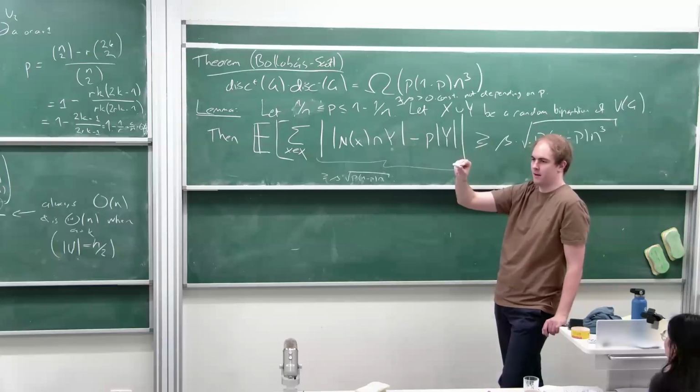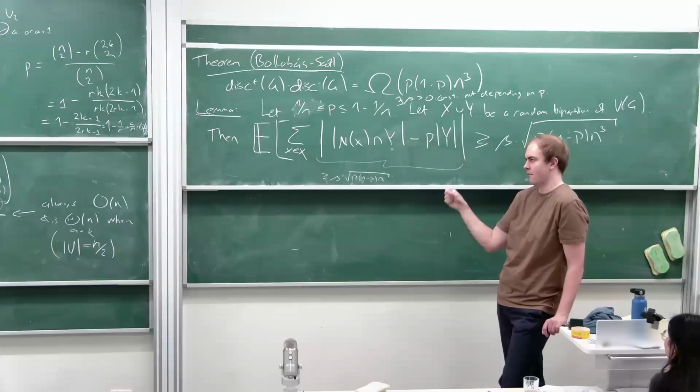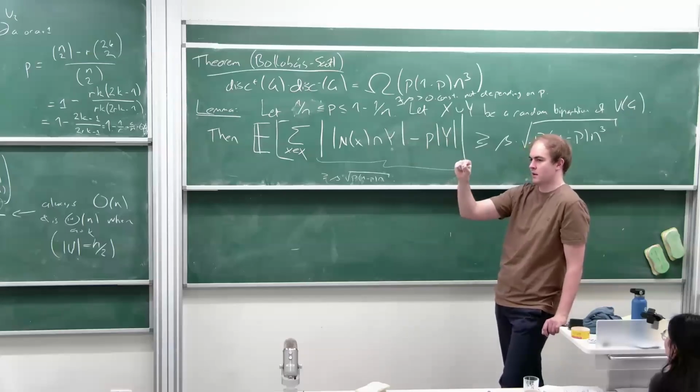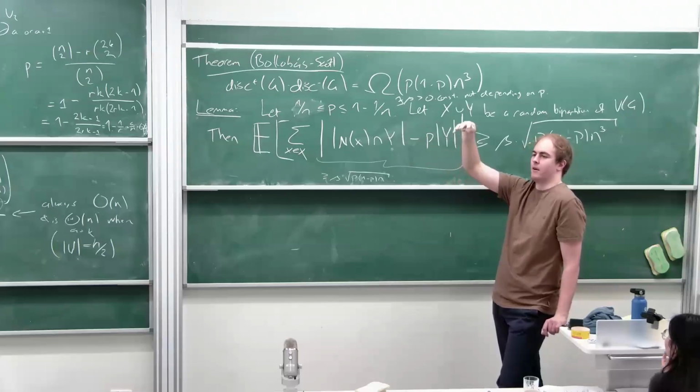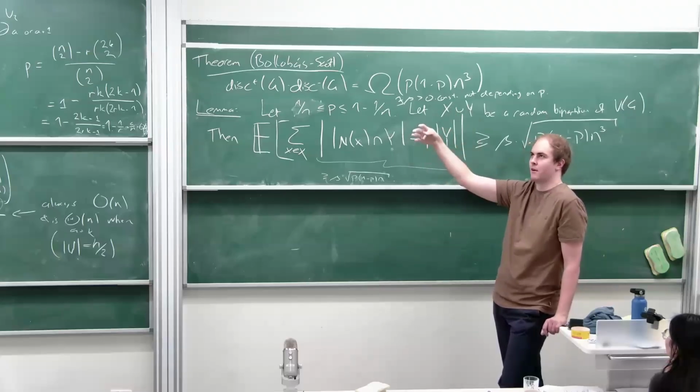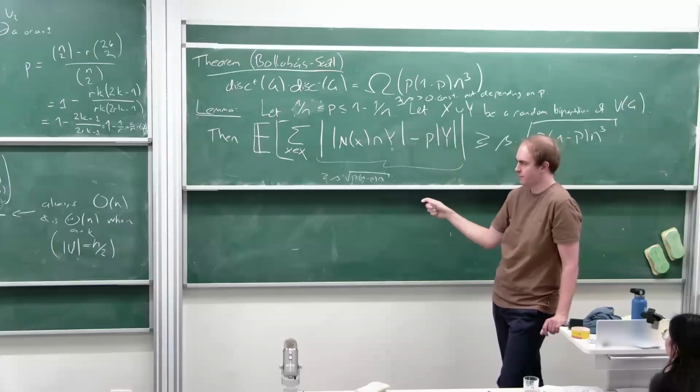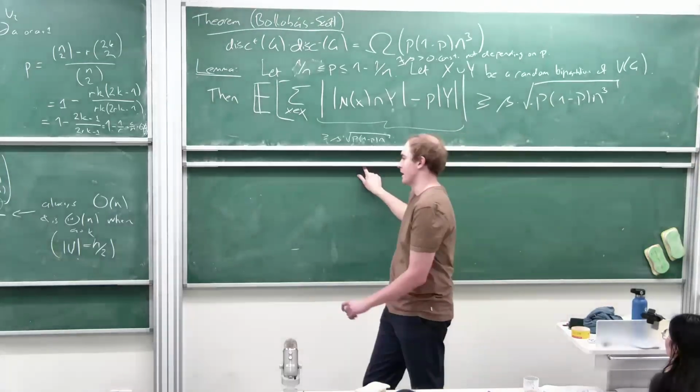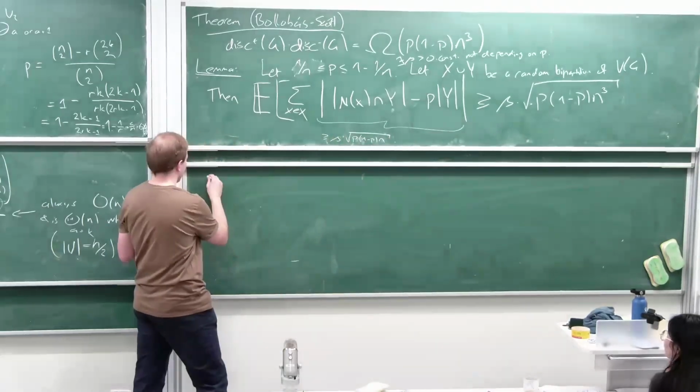So for each vertex x, first of all, we take the indicator function that x is in X. Let me actually write it down.